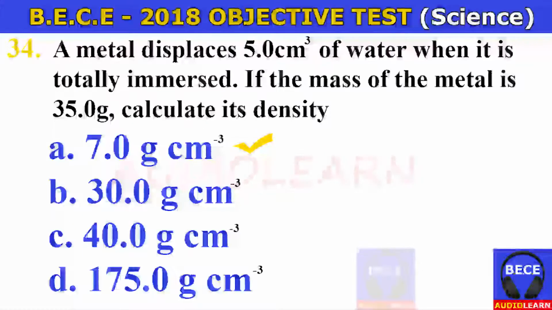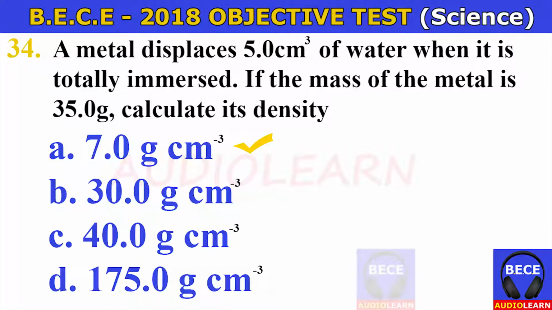Number 34. A metal displaces 5.0 centimeters cube of water when it is totally immersed. If the mass of the metal is 35.0 grams, calculate its density. And the possible answers are A, 7.0 g cm^-3. B, 30.0 g cm^-3.